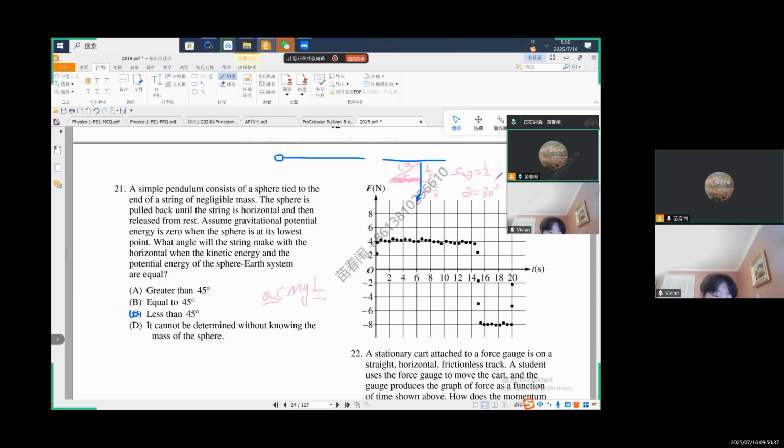It should be C, right? Yeah. If they're really equal to each other, it should be half. Before this is mgL, and now half of that. So this must be L/2. Yeah.